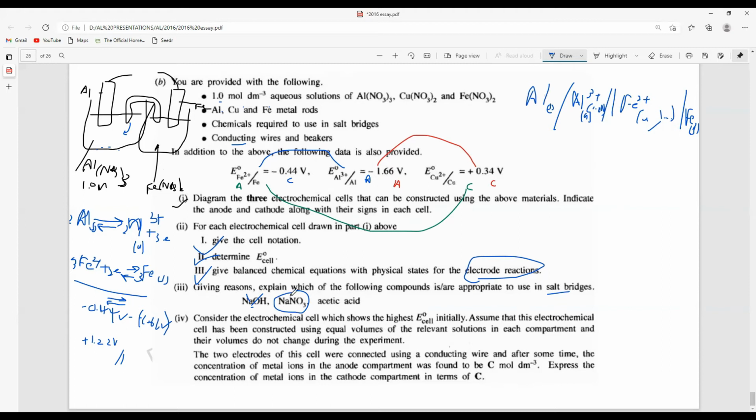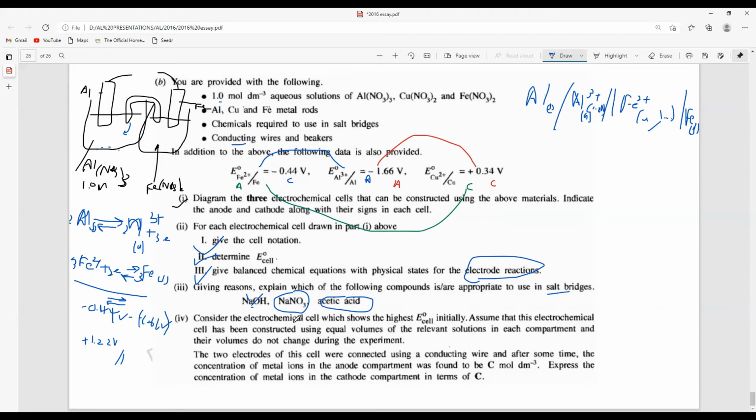If you write this can be used, you have to mention there is no effect on the electrode reaction. If you write cannot be used, you can just write that the conductivities of these 2 are different. And acetic acid you cannot use, because this is a weak acid and it will give very little amount of ions to the solution. So the conductivity in the solution will be very, very poor. That is how you can express these things.